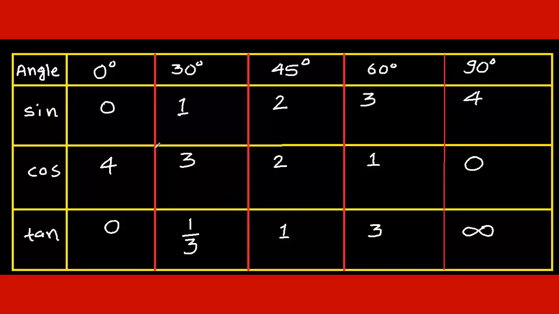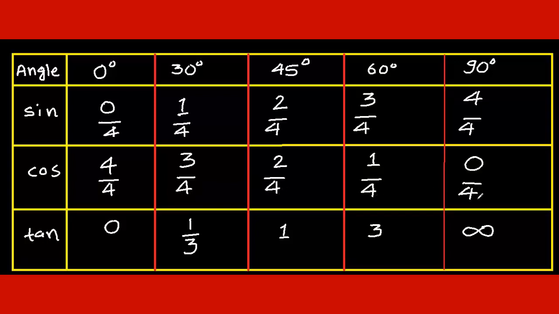Now what you have to do, divide this by 4, 1 by 4, 2 by 4, this is 3 by 4, and this is 4 by 4. Do the same thing for cos also. Okay. Now you don't need to divide this in tan, because tan theta is equal to sin theta by cos theta. Now take the square root of all the quantities. Okay.